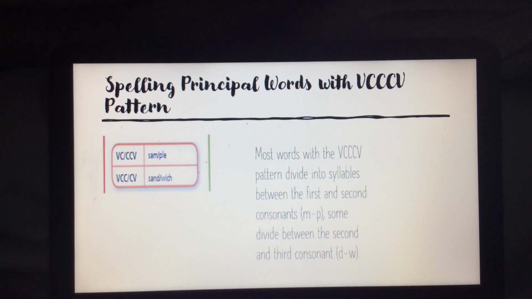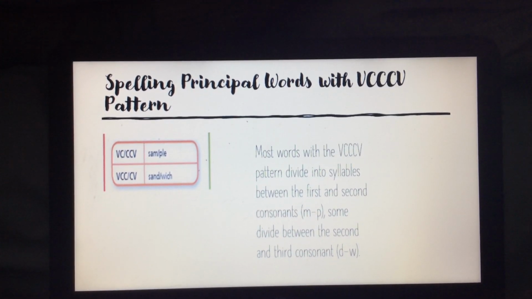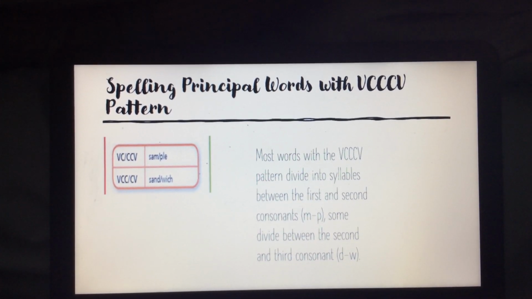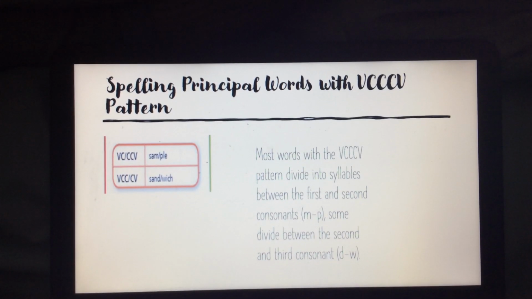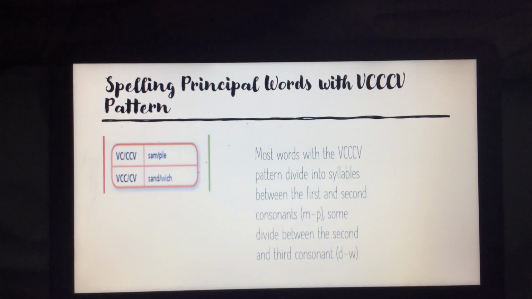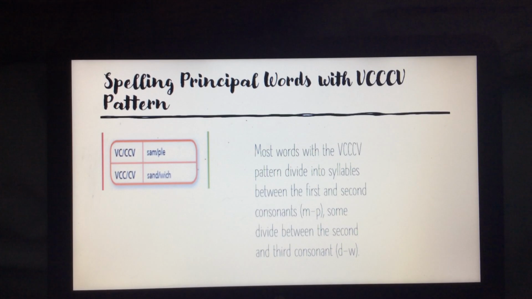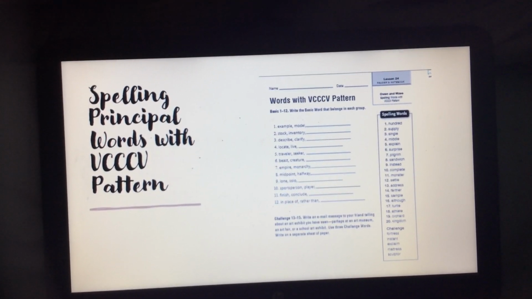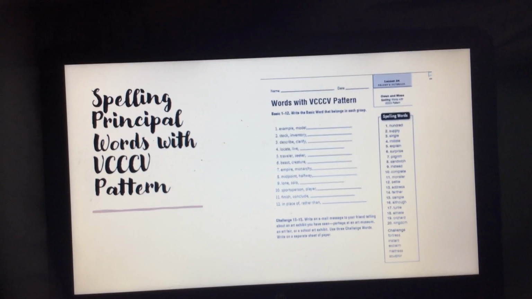Some are divided between the second and third consonant with our word sandwich. We see the VCC with AND, and it's divided with the rest of the word WICH, where we have the 2 divisions there.